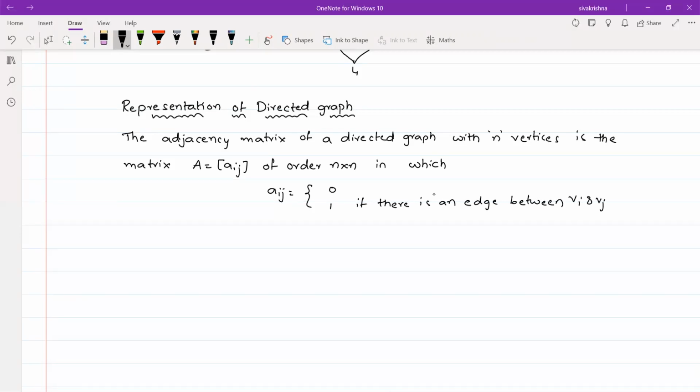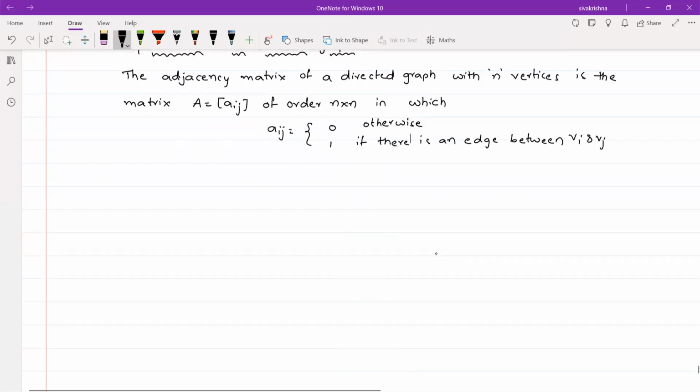If there exists an edge between the vertices Vi and Vj, then we can represent the element by 1 in the matrix. Otherwise, if there is no edge present between the vertices Vi and Vj, then we can represent the element as 0 in the matrix. Okay, so this is the definition of adjacency representation of a directed graph.